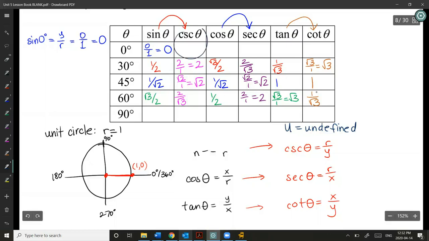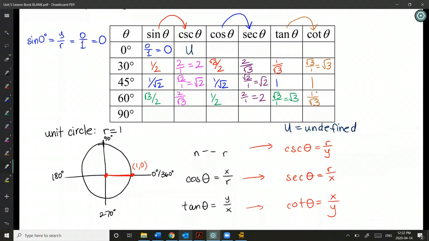So I'm just talking about doing cosecant of 0 here. Now, if I get 1 over 0, we know anything divided by 0 is, think about it for a second, undefined, right? I can't do 1 divided by 0. That's an undefined value. So when I do the reciprocal of 0, I'm going to get an undefined value. So we're going to actually put that in for cosecant here. That's actually undefined.